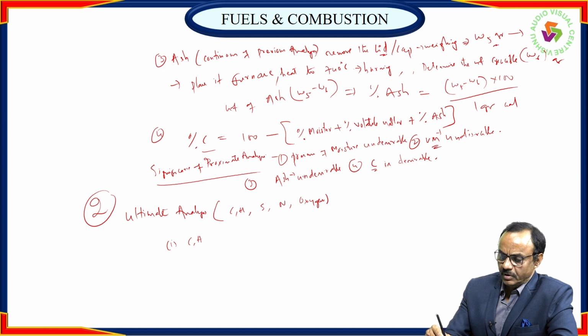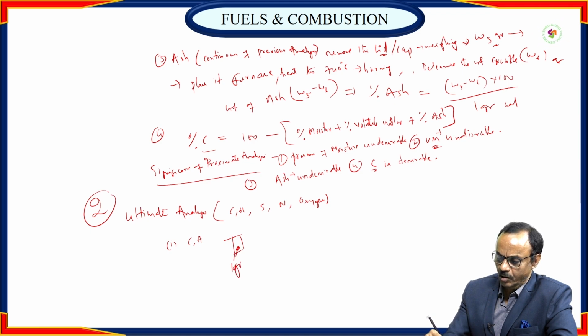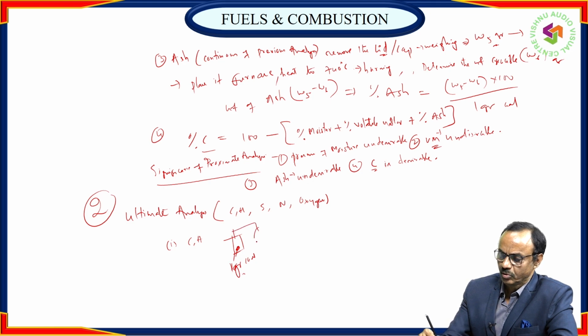Just take 1 gram of coal in a closed container. This closed container is attached to bulbs: bulb 1 and bulb 2. The first bulb contains KOH solution. The second bulb contains KOH solution.